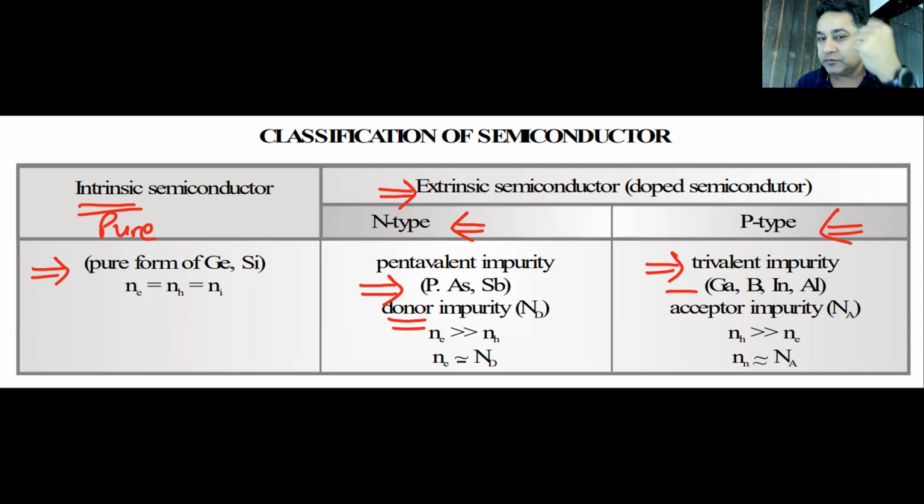So N, pentavalent, 1 electron extra, negative. Do we understand this? Yes, sir. For trivalent impurity, I have 3 electrons, I have 1 electron less. So I will accept electrons. I take electrons from there. Therefore, it becomes positively charged. We understand this? Yes, sir.